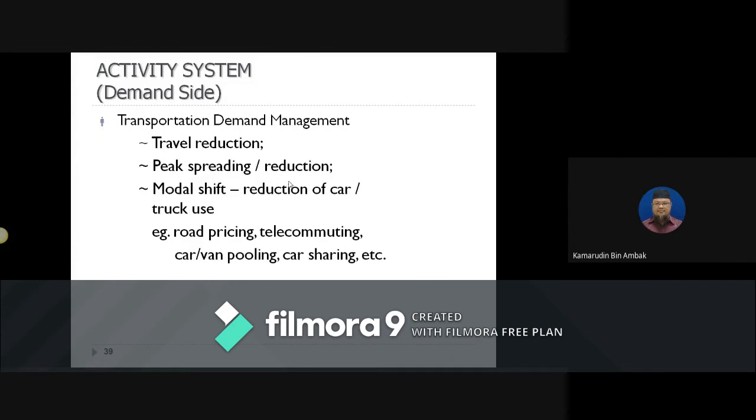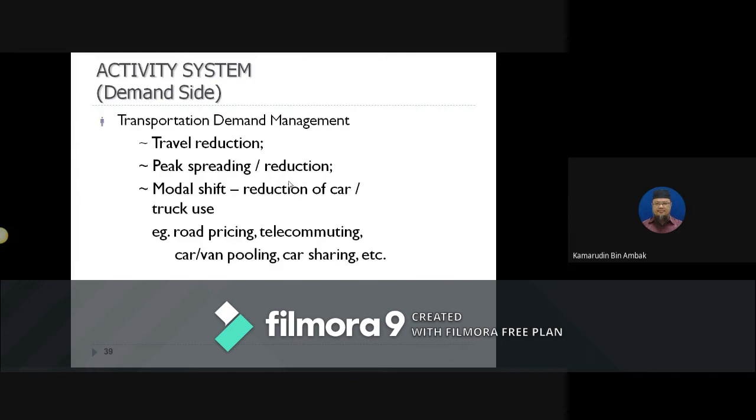Okay, for TDM, of course, travel reductions. It's not easy to cut off mobility from the road users, but we try our best. A shorter path or alternatives to be introduced to mitigate peak spreading, reductions, modal shift, reduction of personal or private vehicles.